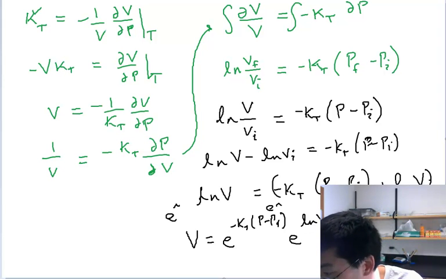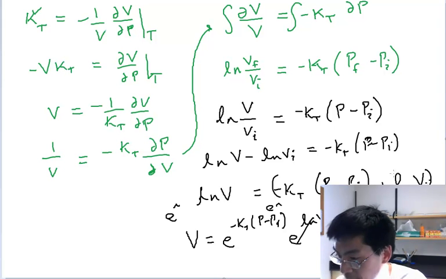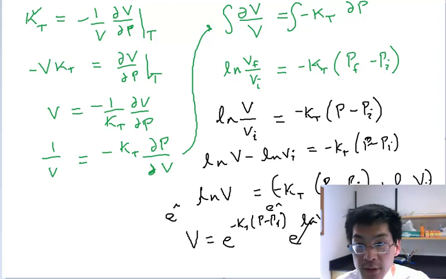Now, e to the power of ln V is just V. Oh, this is Vi, right? Yeah, this is a Vi there. All right, so V equals, so this thing is just Vi, I'm sorry, that's a Vi. Vi times e to the power of negative kappa T P minus Pi. Okay.